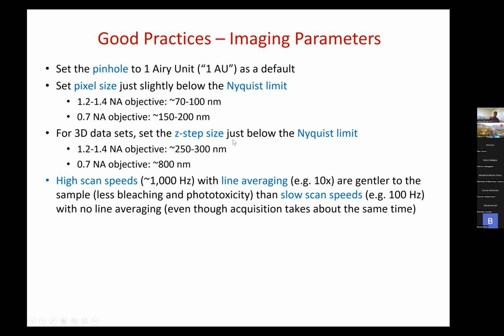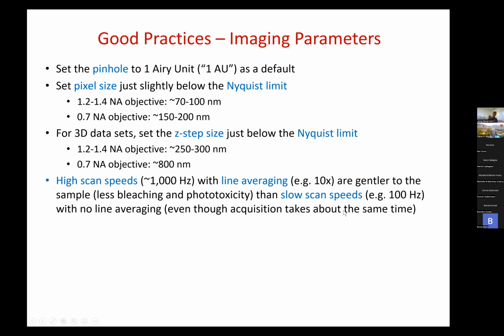Then when choosing the scan speed of your scanner, I would recommend choosing a high scan speed rather than a low scan speed. And if the signal is not good enough for that, then choose line averaging on top. So you get the same image acquisition time if you choose a 1000 Hertz scan speed with 10-fold line averaging as you get with a 100 Hertz slow scan speed.